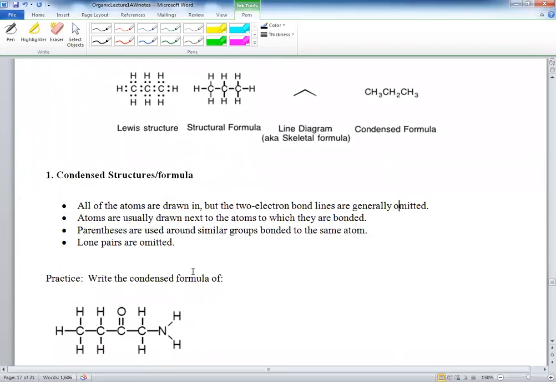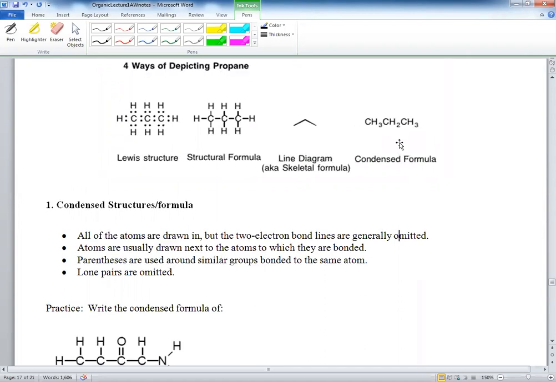Let's begin. Condensed structures have rules for drawing them. So let's start with number one. It says all of the atoms are drawn in, but the 2 electron bond lines are generally omitted. So as I've shown you when we drew the Lewis structure, I did not show the bonds, simply again because they take time and they're implied.